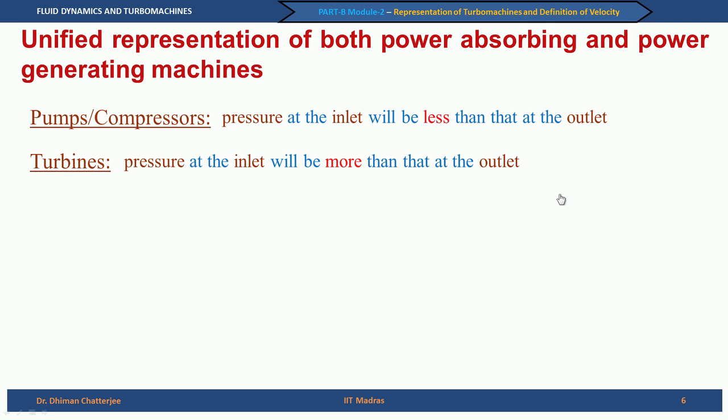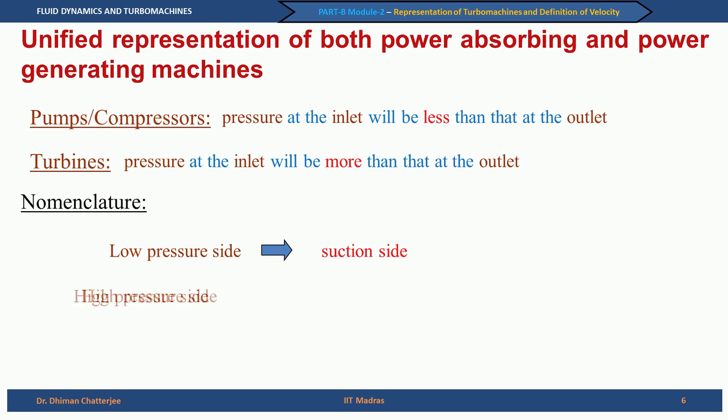This brings me to a nomenclature: I will use the term low pressure side often as suction side, and high pressure side often as the pressure side. When I say pressure side, I mean high pressure side. You will get familiarized with this nomenclature as I proceed.